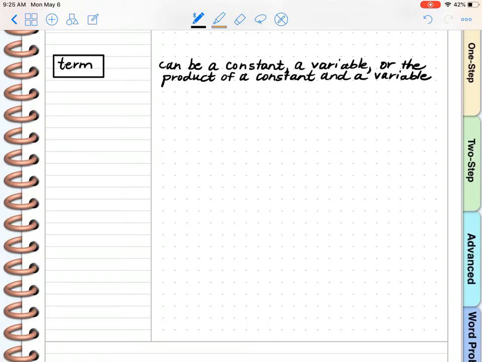So let me give you an example here. I'm going to give you an expression to think about. So let's say that we have 3x plus y plus z plus 4. Okay, this is called an expression, and we'll get to that in just a minute.